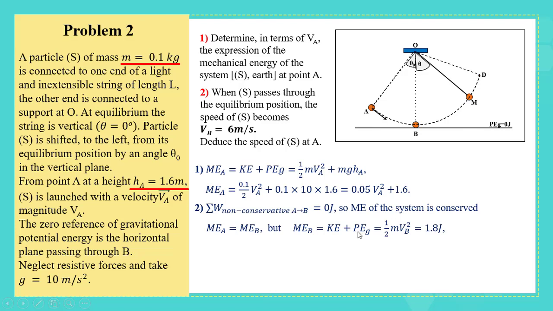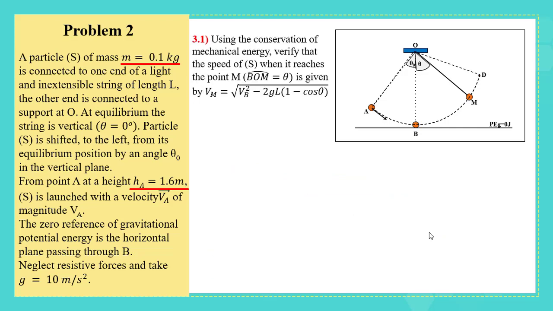So if this one is 0, the mechanical energy at B is half m VB squared. VB is 6, squared, times the mass, which is 0.1, we get 1.8 joules. Then this value equals the mechanical energy at A, which was 0.05 VA squared plus 1.6. We can find the answer VA as 2 meters per second.